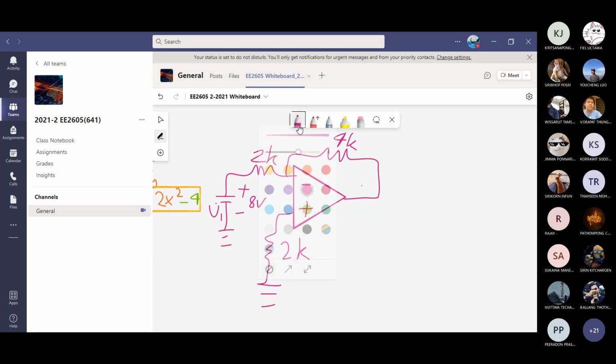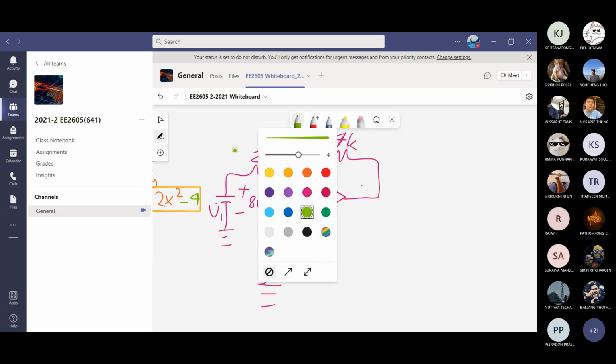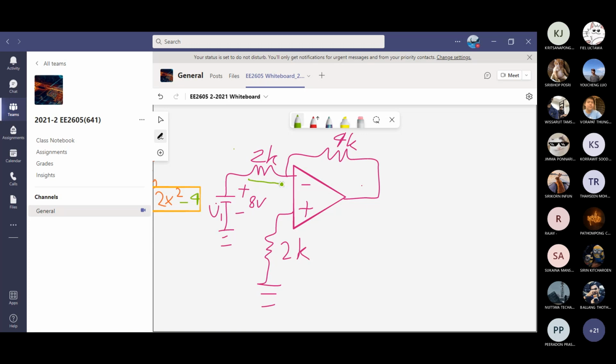And this current that will pass through the input resistor before going to the feedback, I put the name I1. This is the load because this is the output side, V out. Also we can say I out or I load. Let's call it I out.